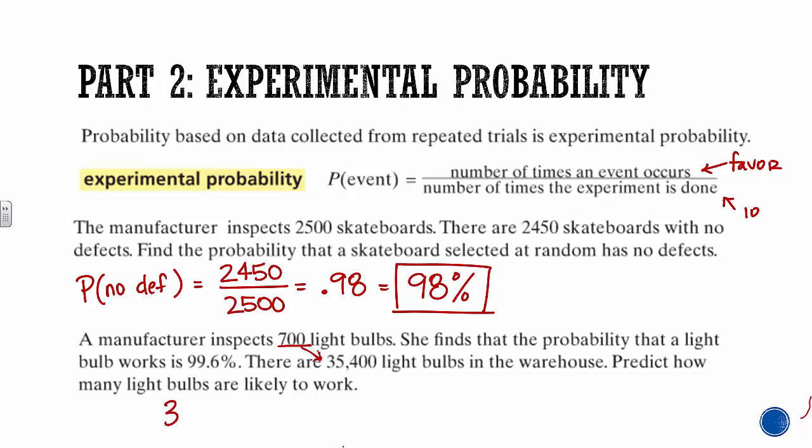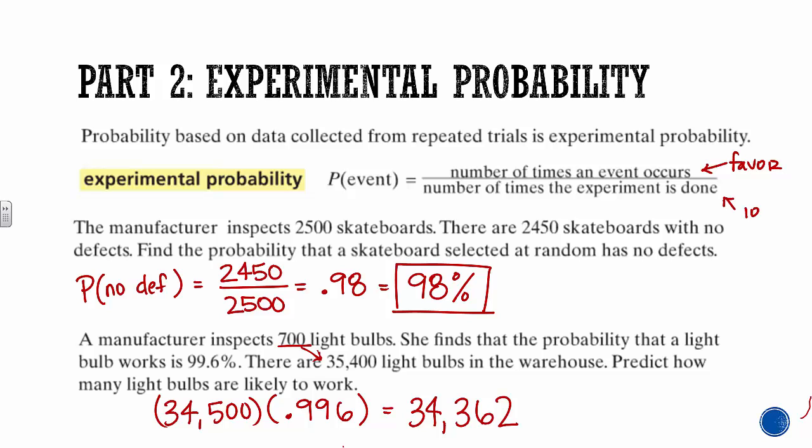So if we take this 34,500 and multiply it by our probability, we can figure out how many of them, on average, are defective. If you multiply 34,500 times 0.996, we end up with 34,362.